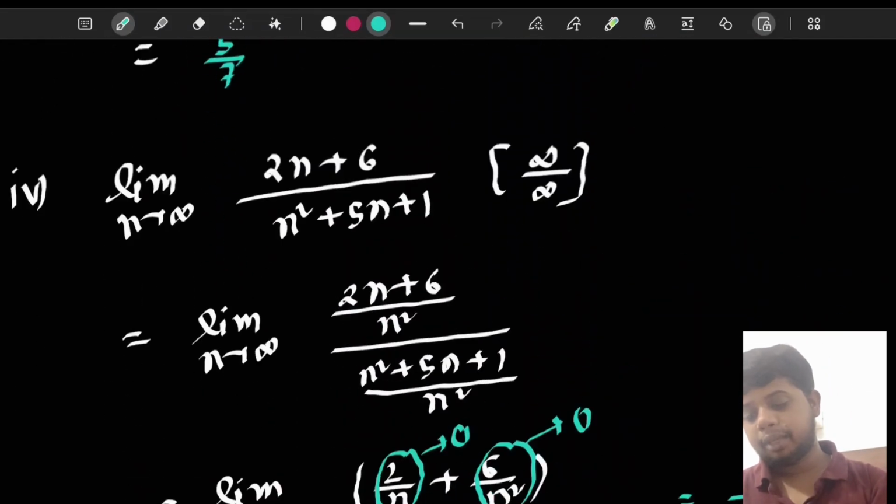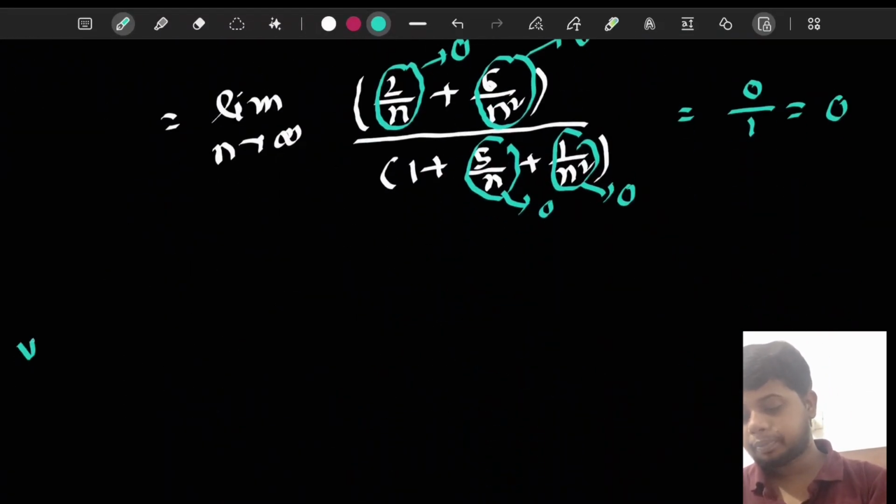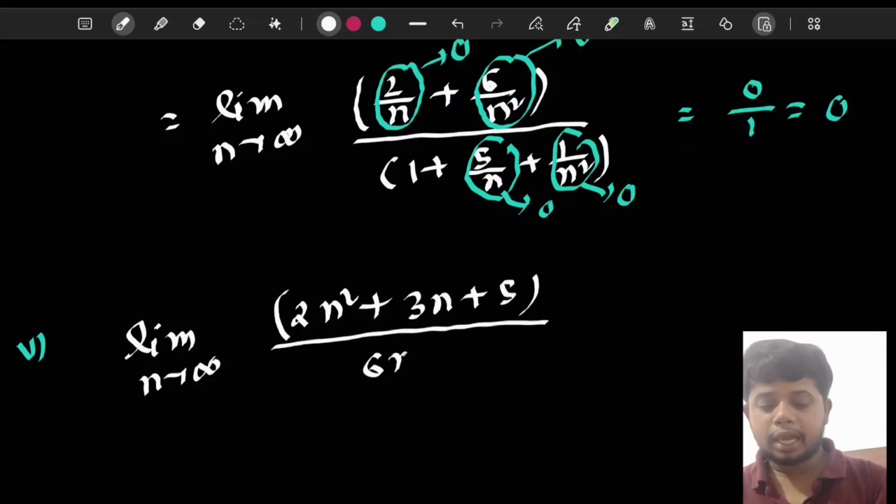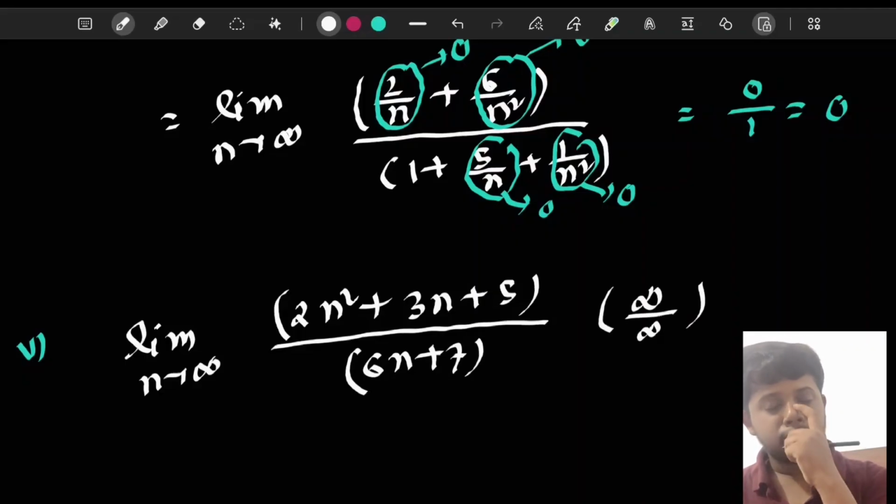Now you tell me, let's say question number 5. Limit n tends to infinity, (2n square plus 3n plus 5) by (6n plus 7). Now again this is infinity by infinity form. By which you have to divide? You'll say, sir, n square.